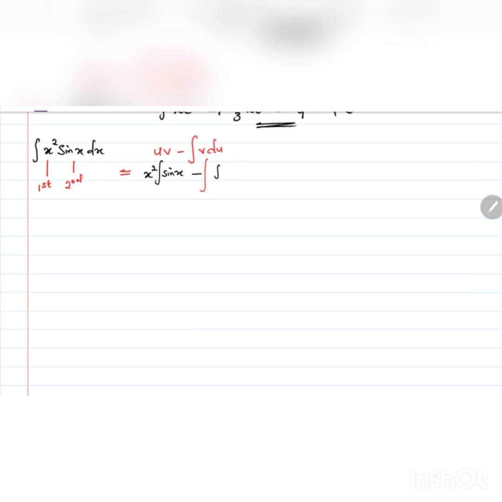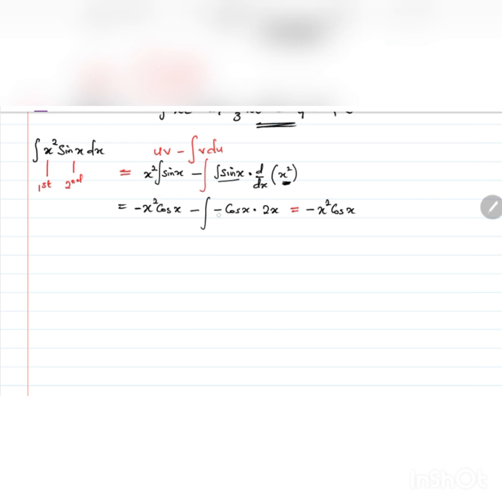That's the integral of sine x times the derivative of the first one, which is x squared. If I integrate sine x, that's minus cos x, minus the integral of minus cos x, and if I differentiate x squared, I have 2x. Which is the same thing as minus x squared cos x.